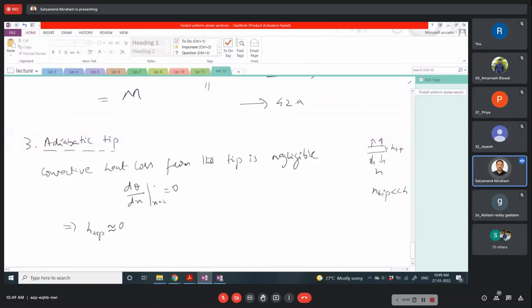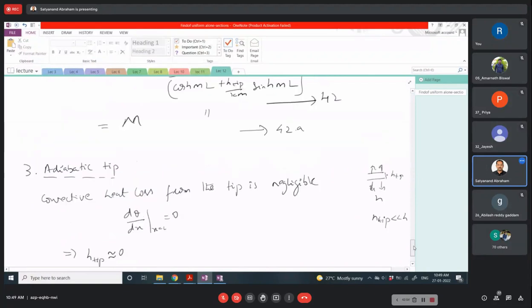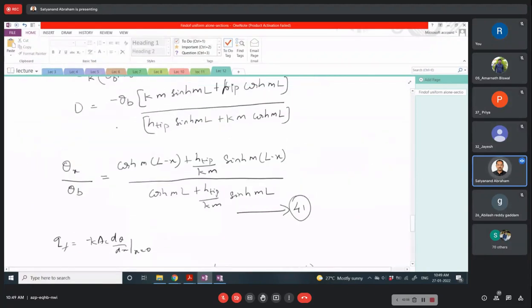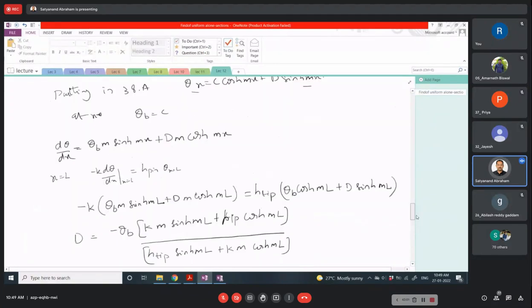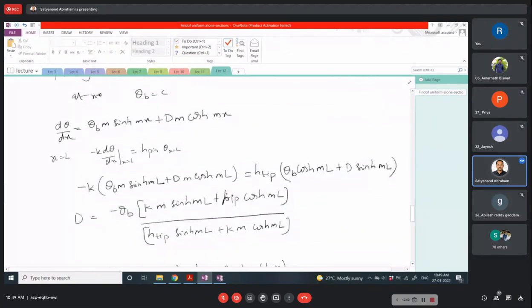Convective heat transfer from the tip is almost going to be 0. We assume that because we already have this equation. If you do not have the equation, then you have to do it, and it is simple, because here instead of h_tip it comes as 0, so whatever h_tip terms there are all go to 0.